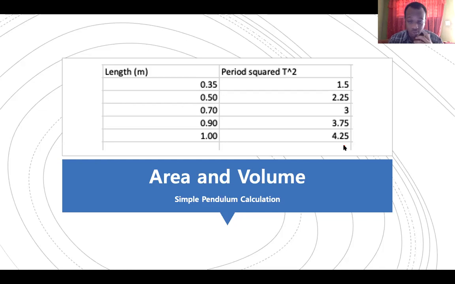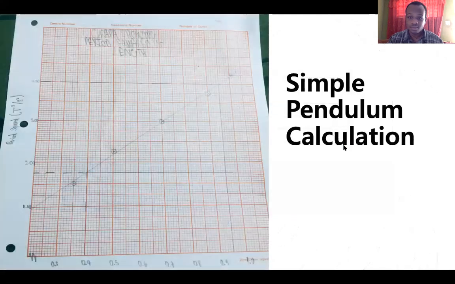But for those who haven't sent their graph, it is due tonight, just the graph alone, at 11:59. And then the calculations will be due on Friday because we went through it today.